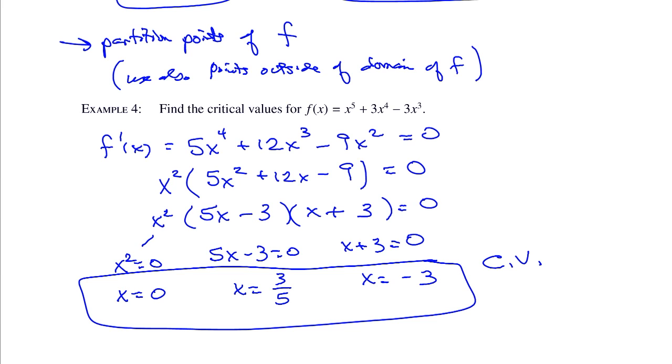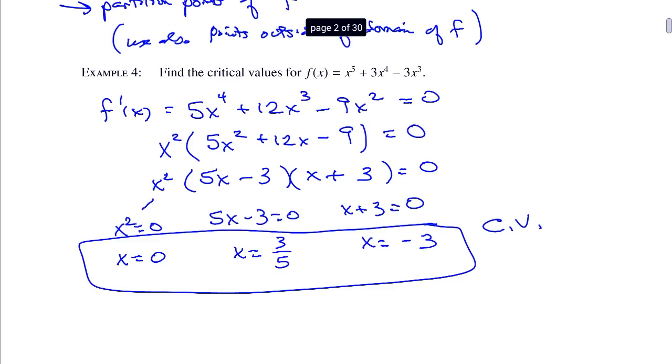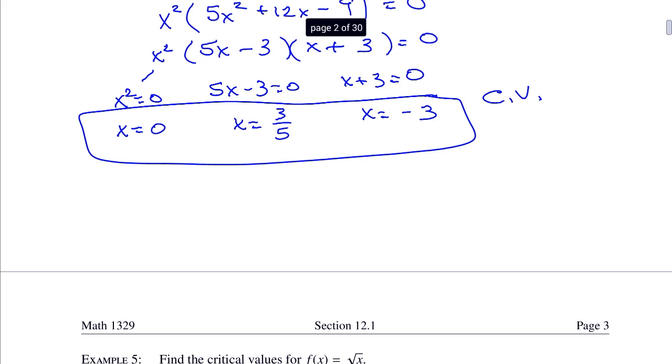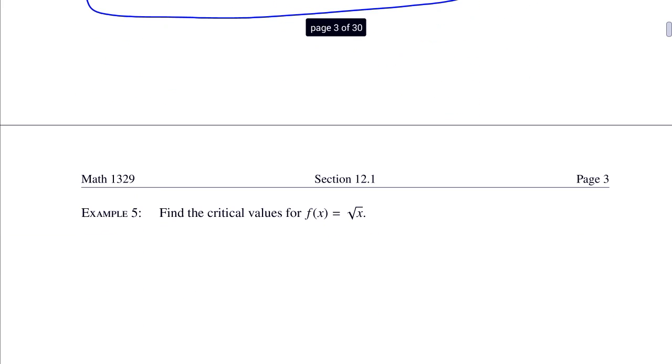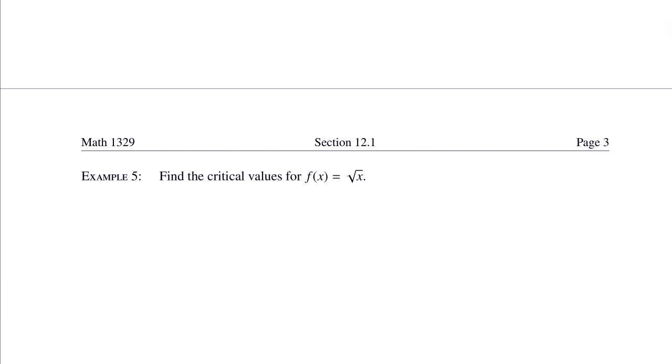Let's take a look at example 5. What's the difference between the critical values and what we did in example 3? Not much really.